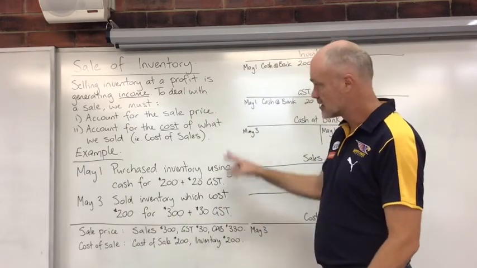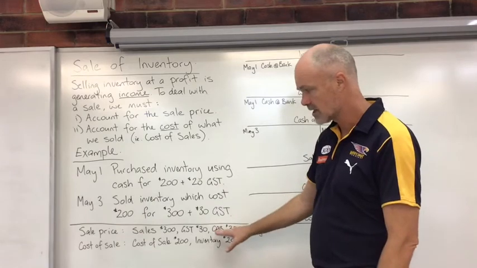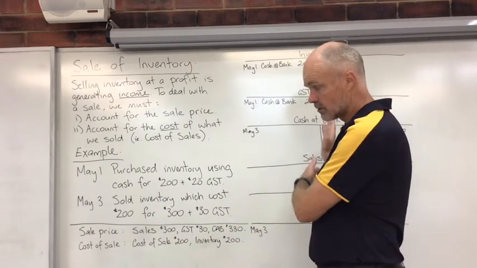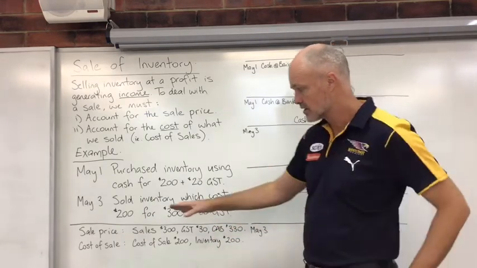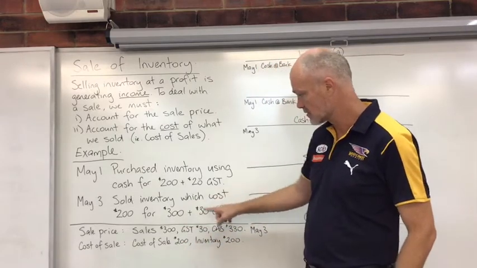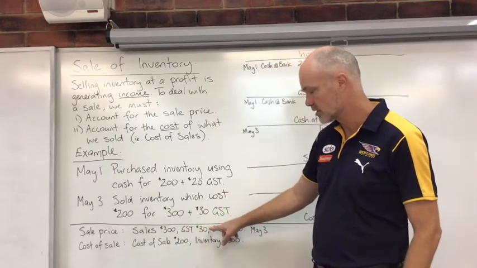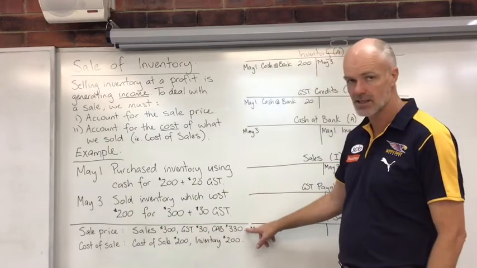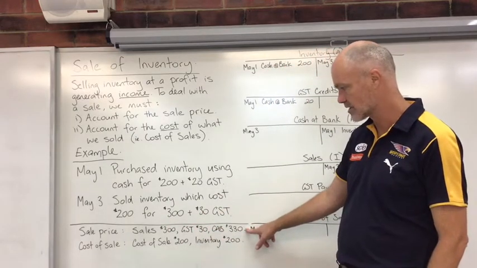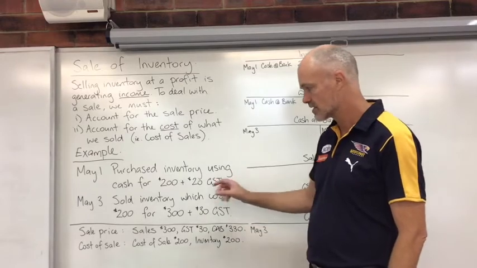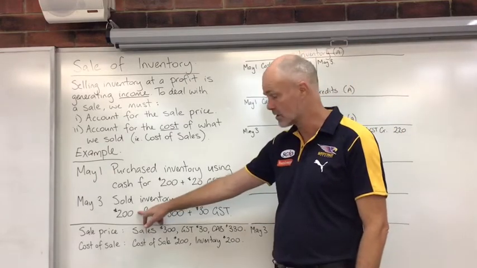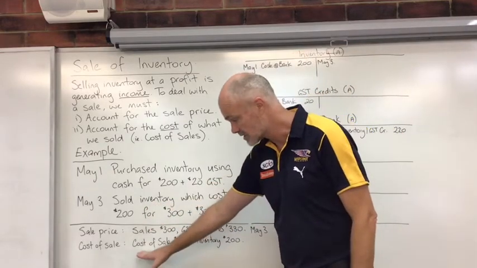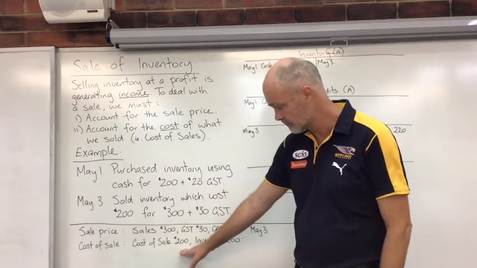So I've broken down what we need to do down here, so you'll be able to see what we do in the ledgers. The sale price was the $300 plus the $30 GST. So that's the first part that we deal with, and then obviously the cash at bank that we received was $330. The cost of the sale, again the value of the inventory that we sold, is actually known as the cost of sale, $200.